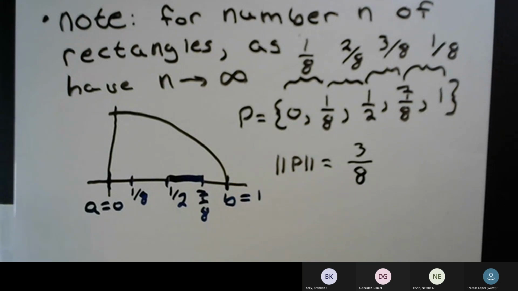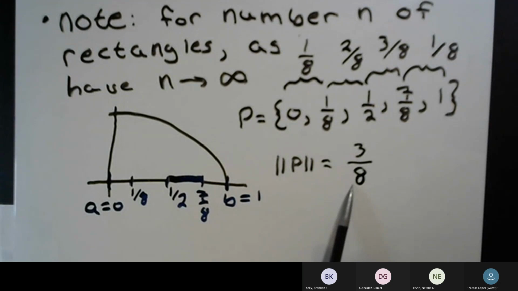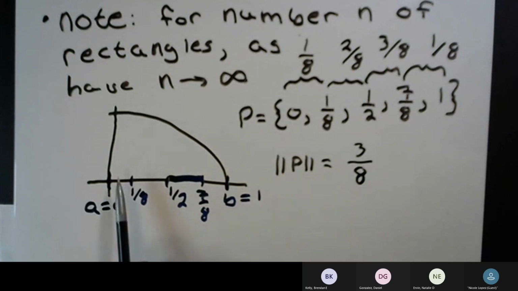That's one of the powers of this definition: we don't have to use intervals that are the same size. But regardless, if we take the biggest one and make this go to 0, then as this width gets smaller and smaller, all the other widths will get smaller and smaller.